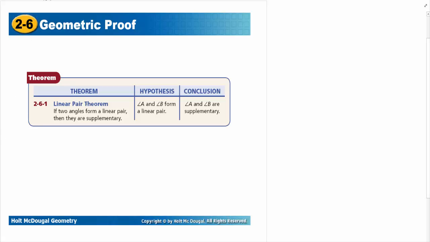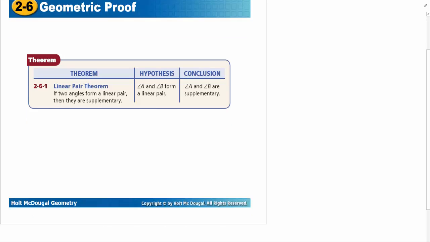So the first one is the linear pair theorem. This can be written as a postulate as well. What I want you to do is write down the linear pair theorem on your theorem sheet, and at the very least copy the linear pair postulate onto your postulate sheet.